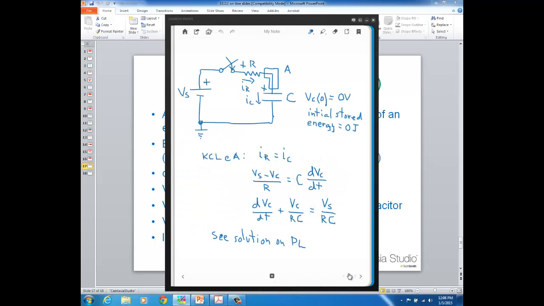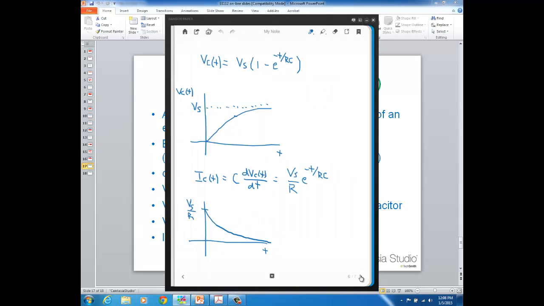Going back to my notepad here, here's what the capacitor voltage would look like for that circuit. At t equals 0, there's 0 volts because initially there's no stored energy, but then charge is going to build up across the plates of the capacitor as time progresses, so therefore the voltage will also build up, and given enough time, that voltage across the capacitor is going to charge up to the source voltage in this particular circuit.